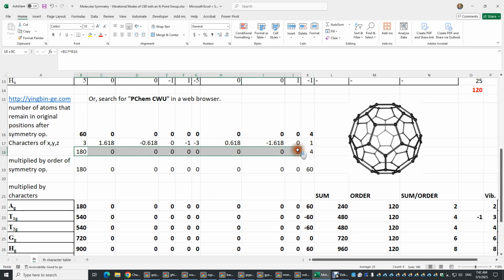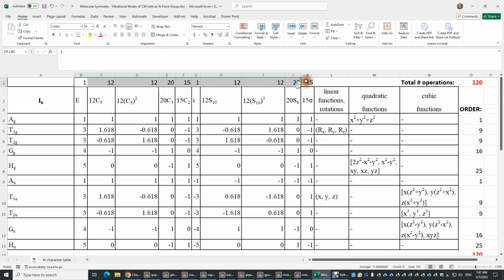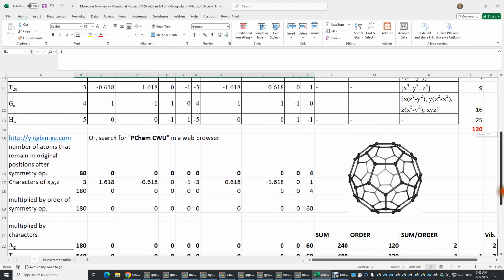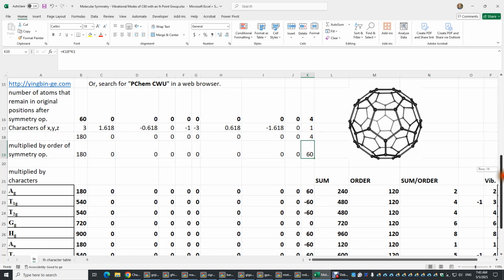We have these 10 numbers multiplied by the number of symmetry operations in each type. But again, because I have only 2 non-zero numbers, the multiplication is easy. We have 180 here under the identity symmetry operation. And over here, because we have 15 sigma symmetry planes, 4 times 15, we got 60 over here.